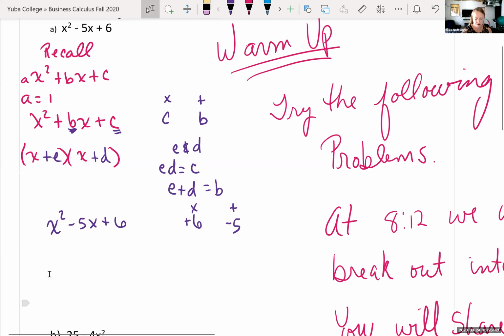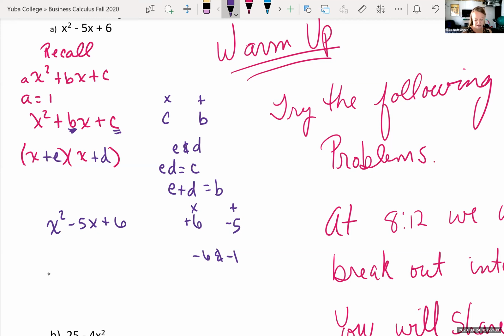Negative 6 times negative 1 does multiply to positive 6, but if we sum them, that is negative 7, so those aren't correct.